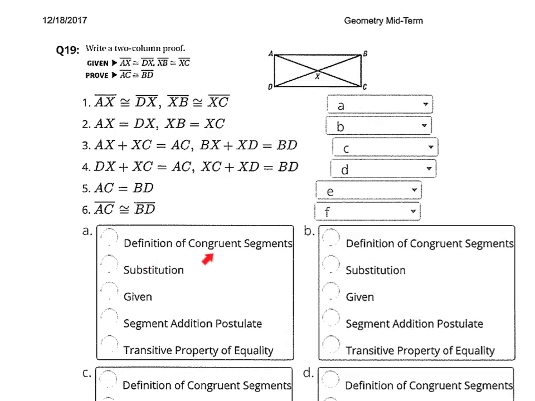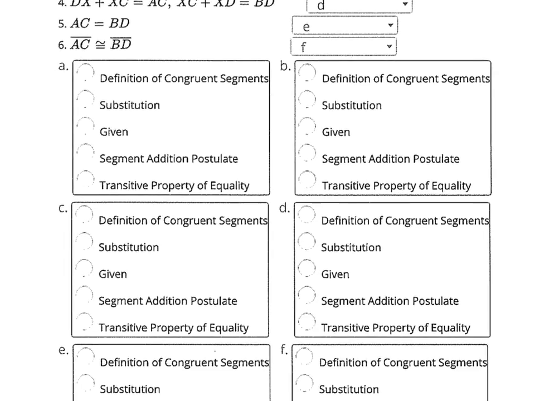You got congruent segments, meaning segments are equal. Substitution, meaning they're taking something out and they're just plugging something different in. Of course, given. Segment addition postulate means you're adding two things together. And the transitive property, where you've got a middle guy that you're taking out. Okay, so do your best on number 19.